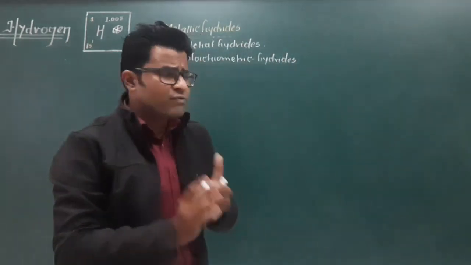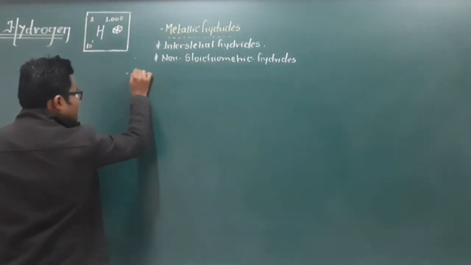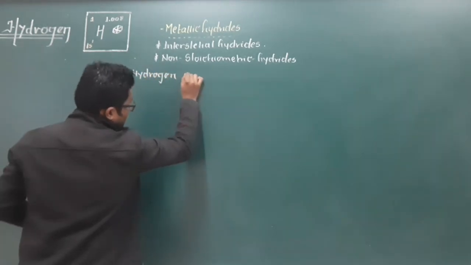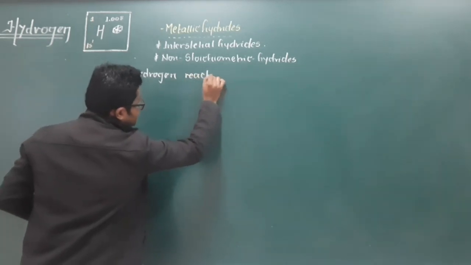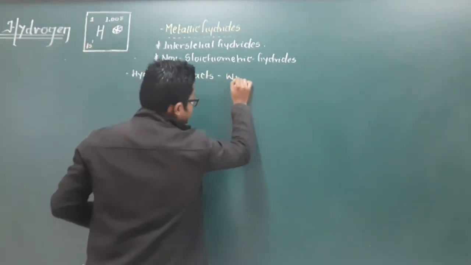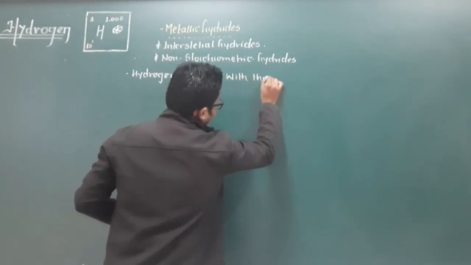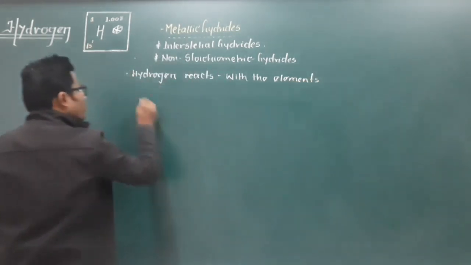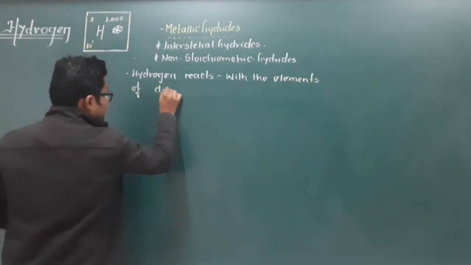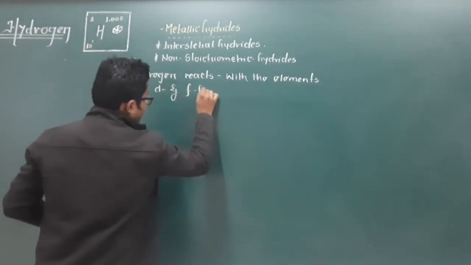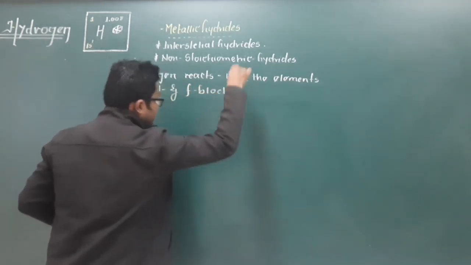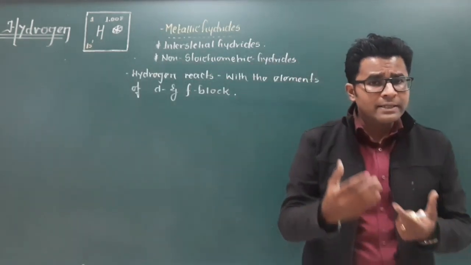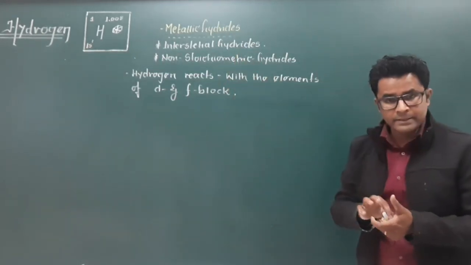This type is formed when hydrogen reacts with the elements of the d and f block. In this particular case, whatever compound is formed is called a metallic hydride, right?